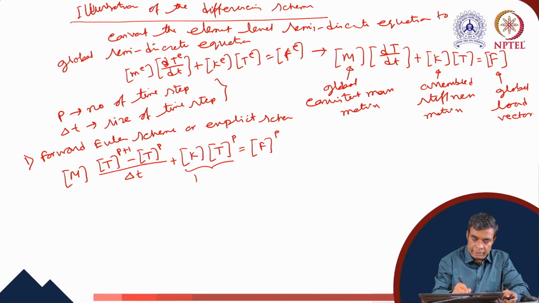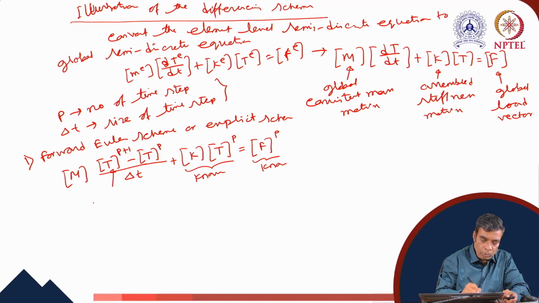So these are known terms. So only T_{P+1} is unknown, T_P is also known.